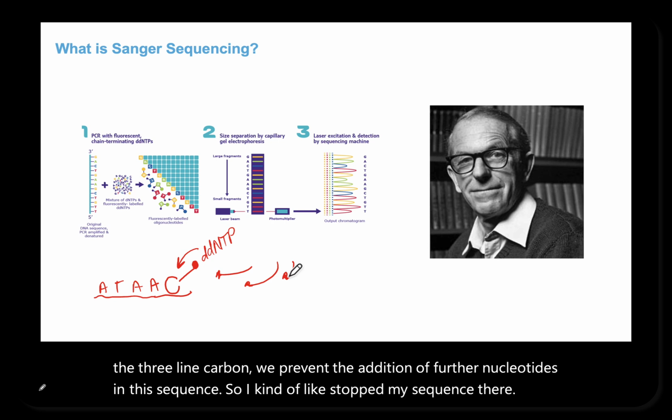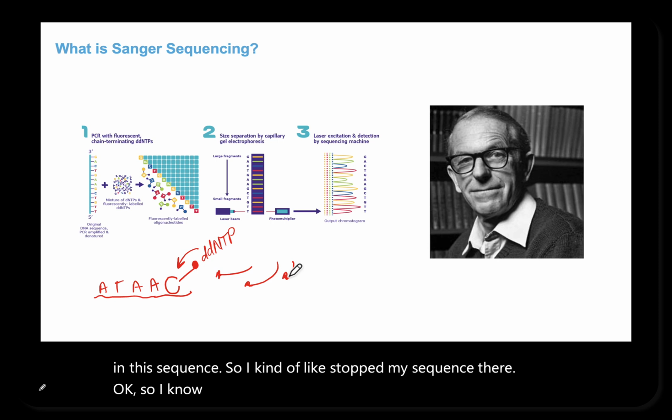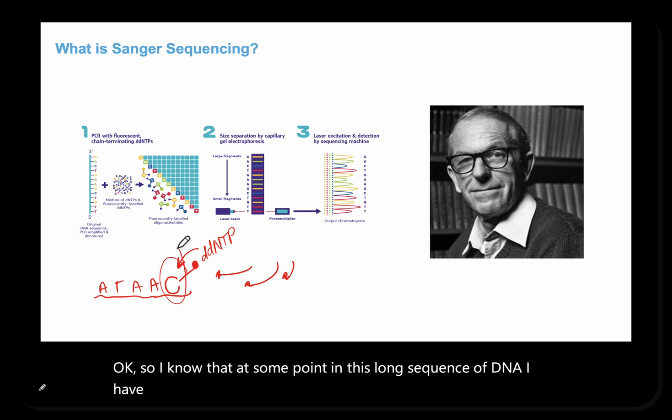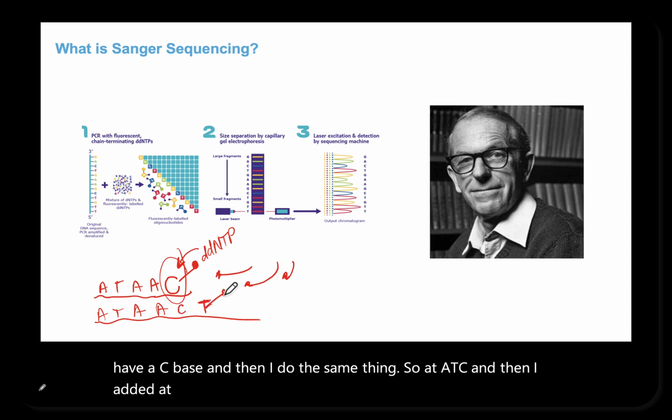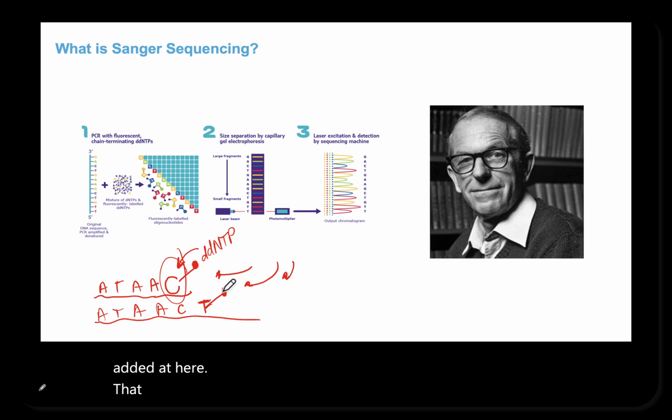So I know that at some point in this long sequence of DNA, I have a C base. And then I do the same thing. So A, T, C, and then I added a T here that carries this ddNTP.